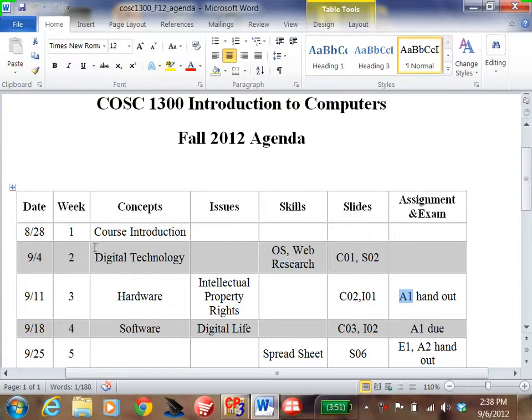So digital technology involves several things. First of all, the first big topic in digital technology is data types. That is, data types that are stored on a computer.